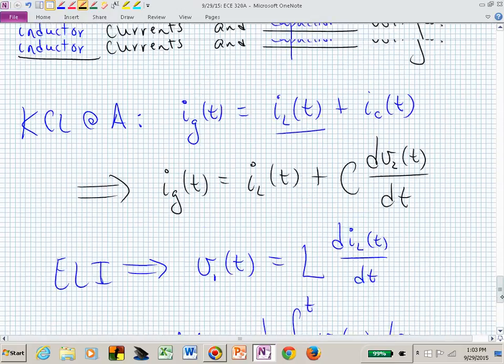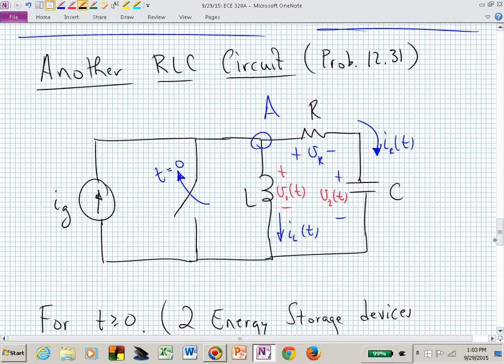What's another relationship that we can write relative to this circuit? We've written KCL at node A. What's another way that we can relate these inductor currents and voltages and capacitor and resistor currents and voltages?